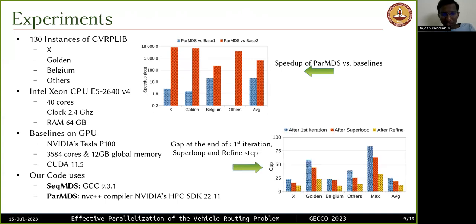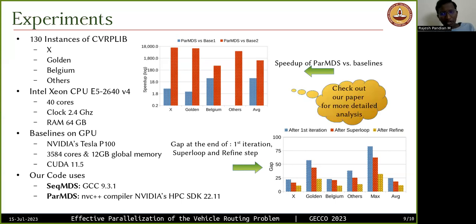The gap at the end of each iteration, at the end of the super loop, and at the end of the refinement step is plotted in this figure to show how much each step in the algorithm reduces the gap. We understand the gap is improved at each step in the algorithm. Overall, on all the 130 instances, we get a gap of close to 11%, whereas the baselines were giving a gap of 17% or even more for some instances.